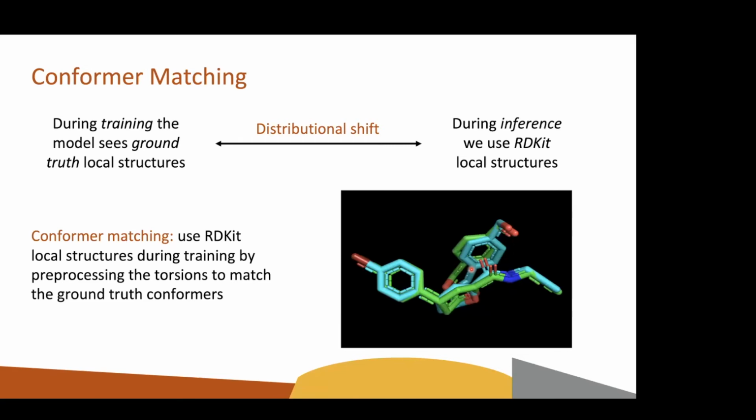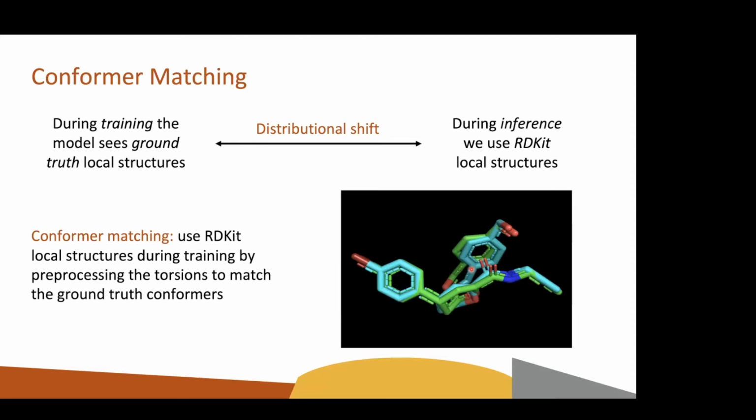Can I jump in a little on this comment? One very interesting phenomenon that people might find surprising, and that I found completely shocking when we first tried without conformer matching: given ground truth local structures, the model is able to recover the entire ground truth conformer up to an RMSD of less than 0.2 angstroms.